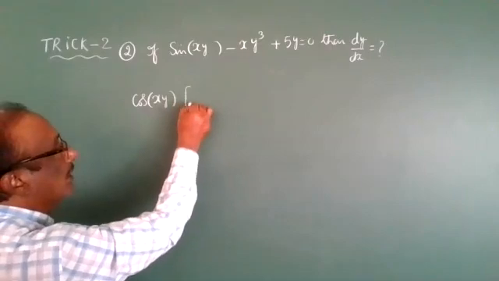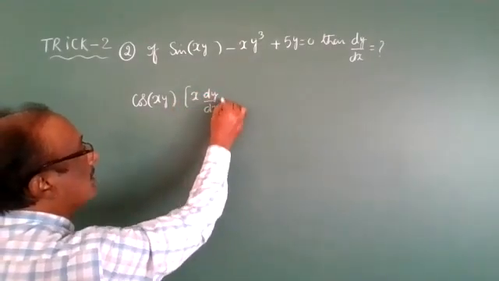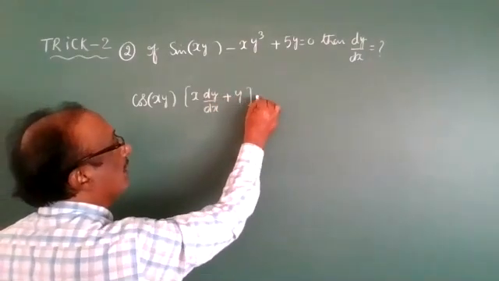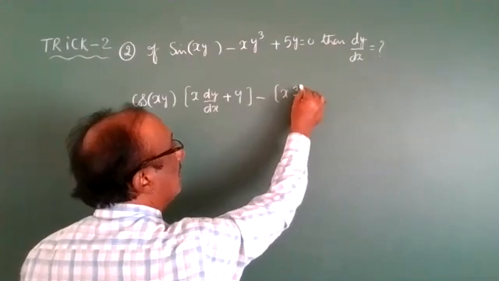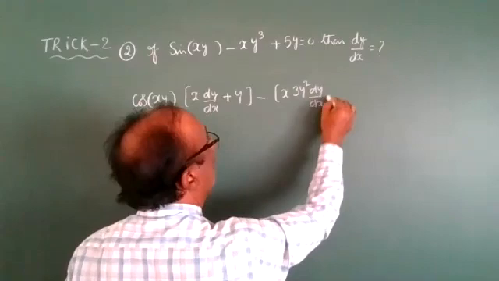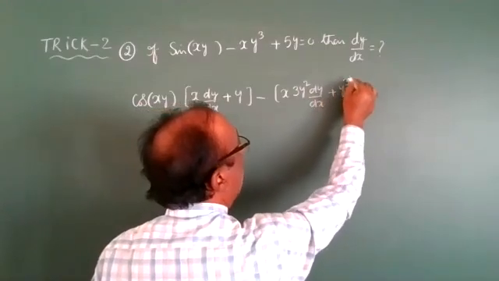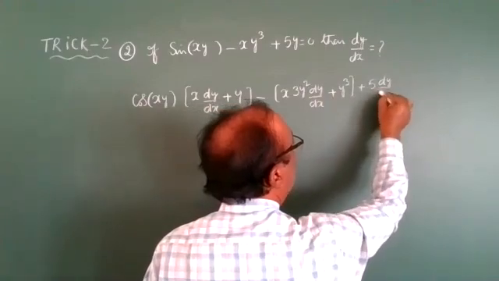Inner function derivative is x times dy by dx plus y times x derivative, which is 1, minus the u into v formula for xy cube: derivative is 3y square dy by dx, plus y cube times x derivative, which is 1, plus 5 dy by dx is equal to 0.